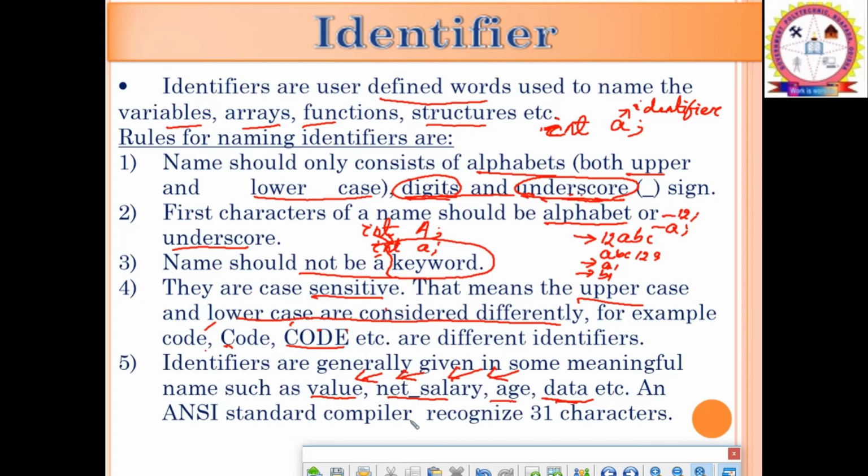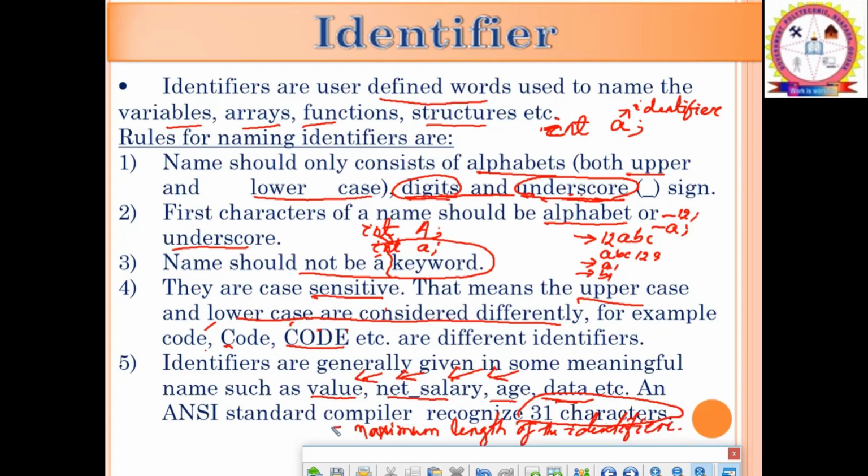An ANSI standard compiler recognizes 31 characters. Previously, the ANSI standard compiler could recognize a maximum identifier length of 31 characters.